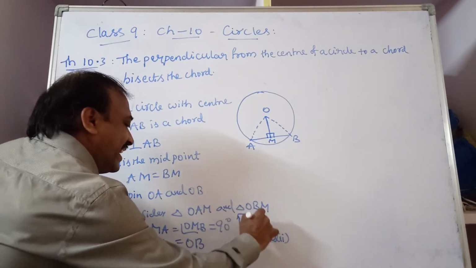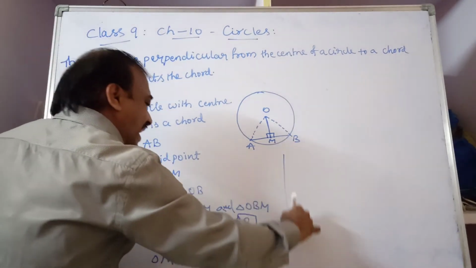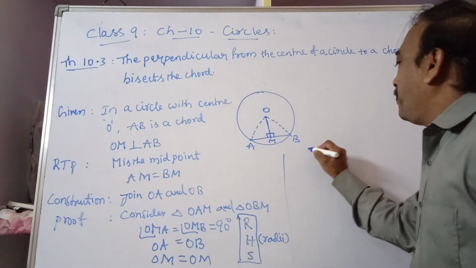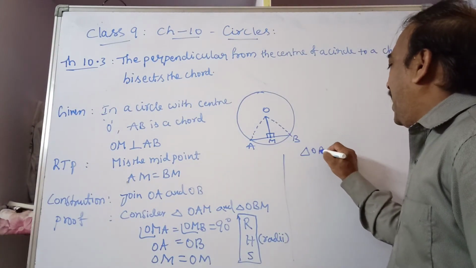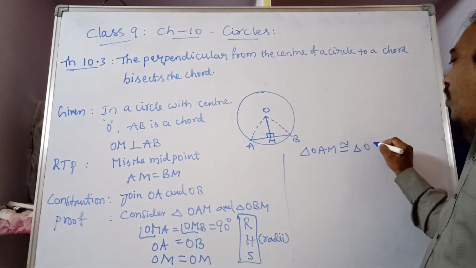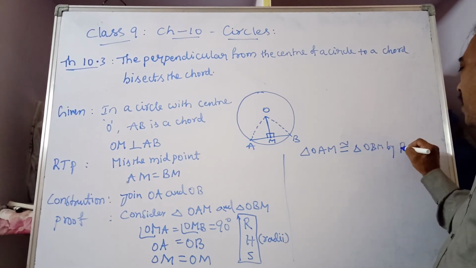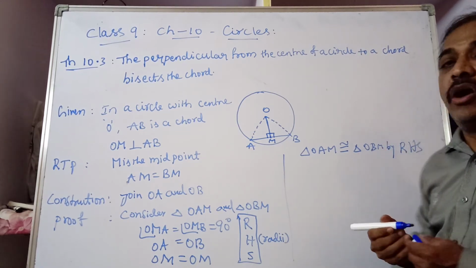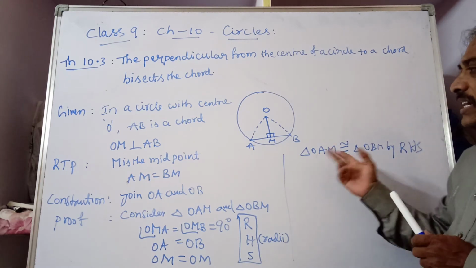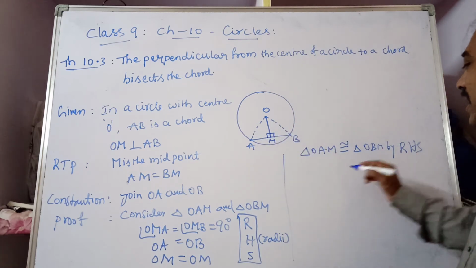RHS. What is the criteria you are getting now? RHS. So both the triangles, triangle OAM is congruent to triangle OBM by RHS congruence criteria. Once the triangles are congruent, their corresponding parts are equal.